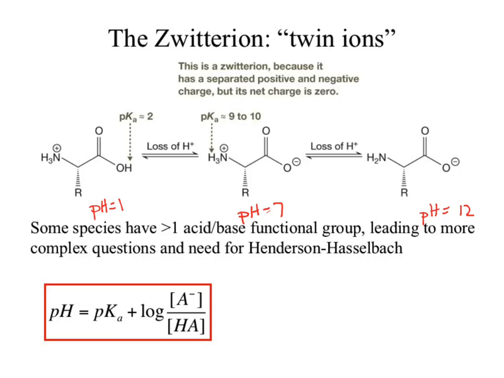Remember how I said you needed to know the phenyl functional group? Because that's the side chain of tyrosine. You need to know the pKa for an amine because you have an amine in your amino acid. You need to know the carboxylic acid because there's an acid in an amino acid. So you have to be able to evaluate those pKa's and decide what happens at different pHs. Are you more protonated or are you more deprotonated?